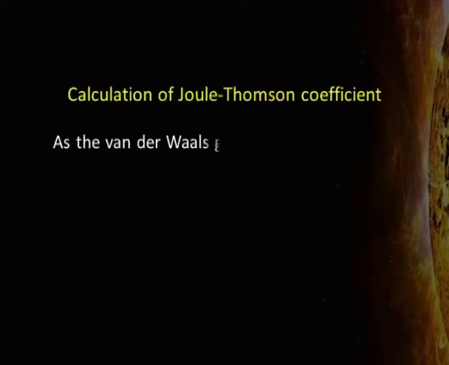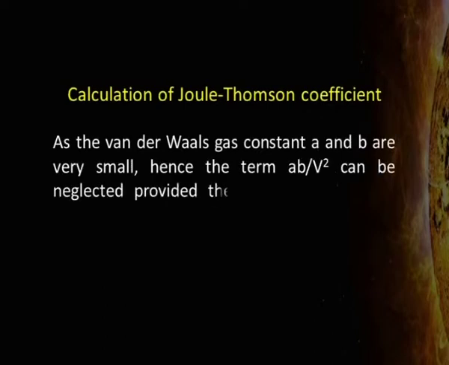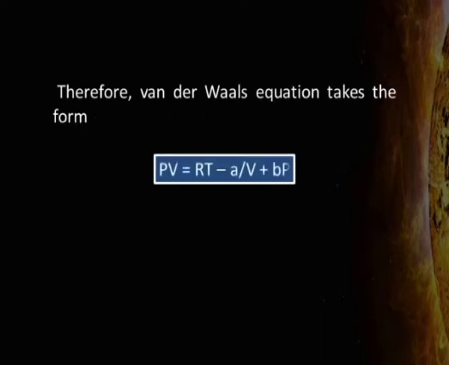For the calculation of Joule-Thomson's coefficient, we can take help of the van der Waals equation. As the van der Waals gas constants A and B are very small, the term AB upon V square can be neglected provided the pressure is not too high. Therefore, the van der Waals equation takes the form PV equal to RT minus A upon V plus BP.